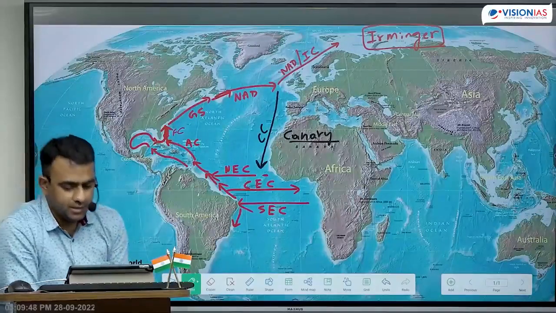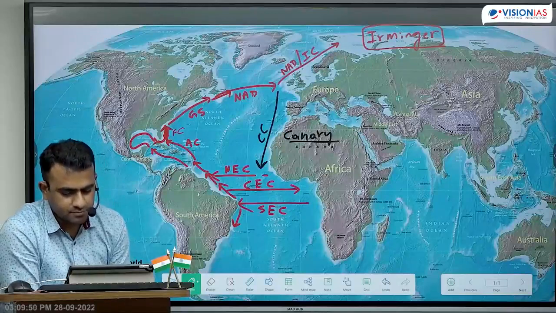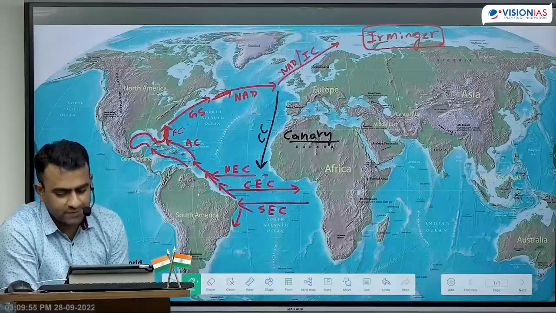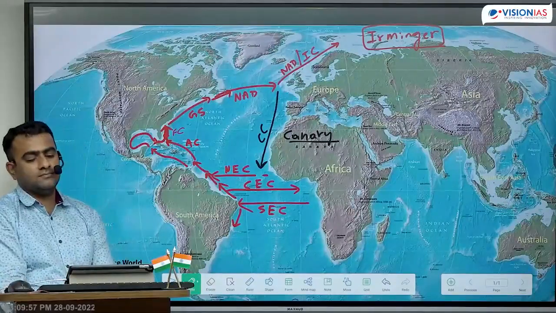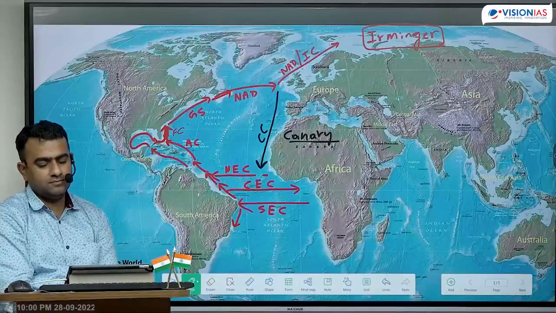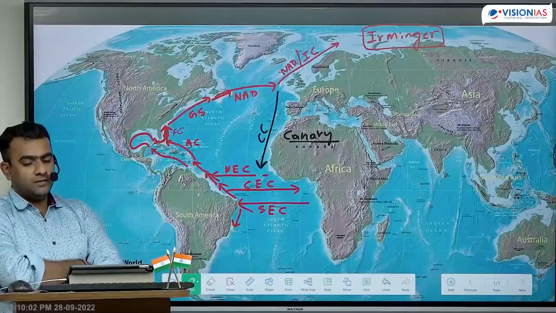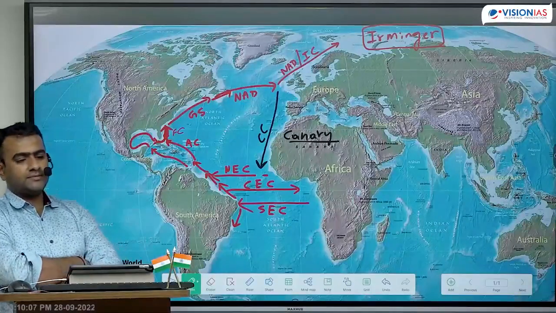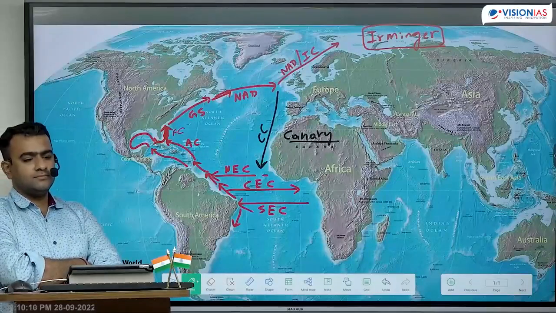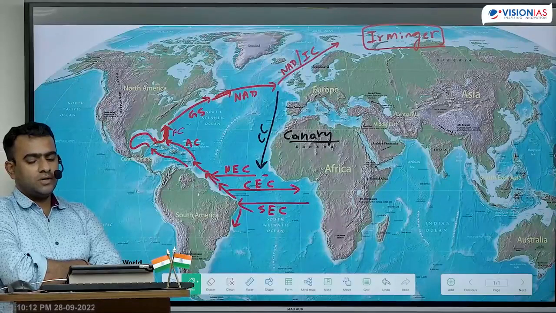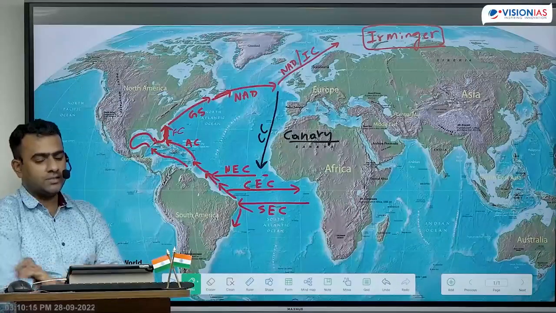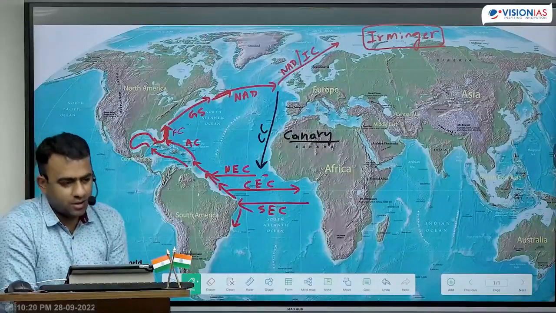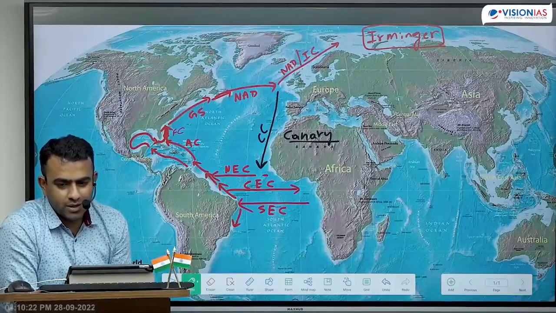Next point. The southern part flows towards the equator as the Cold Canary Current, and joins the North Equatorial Current.